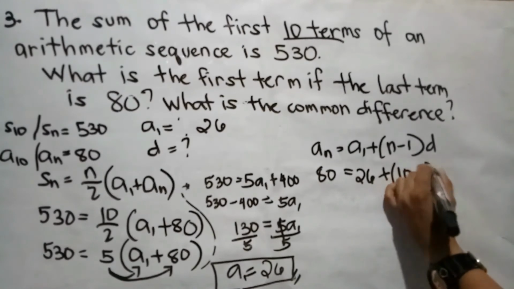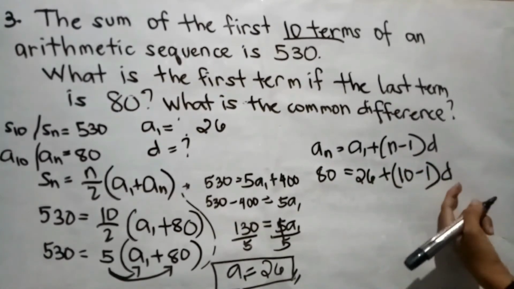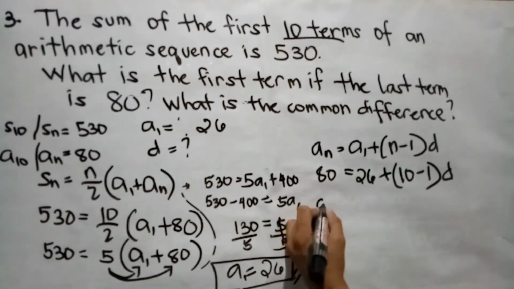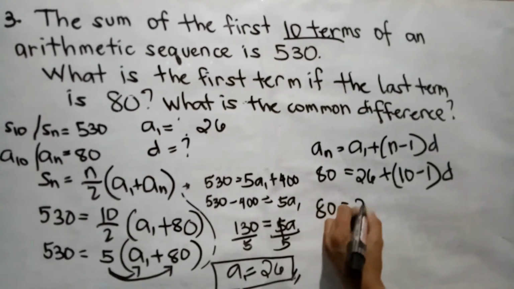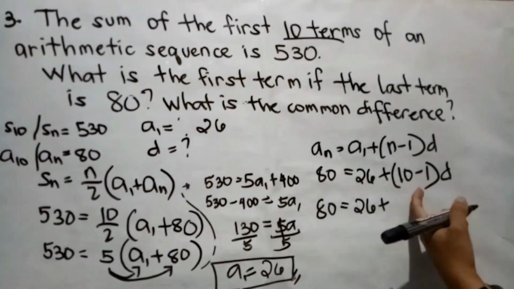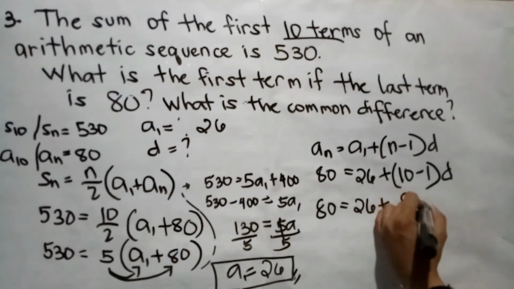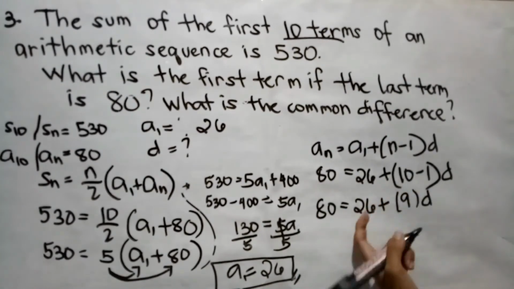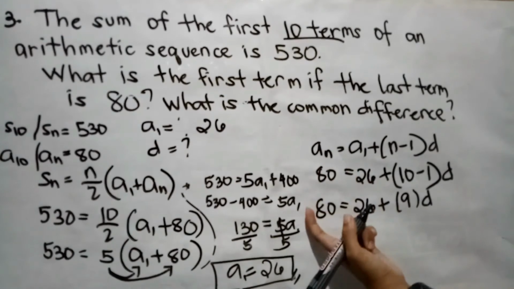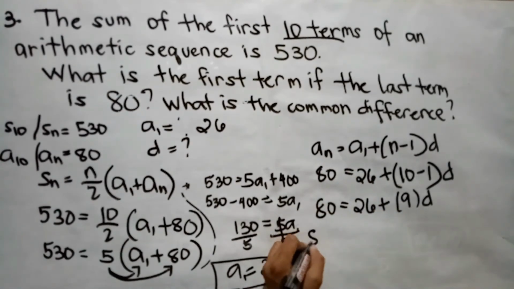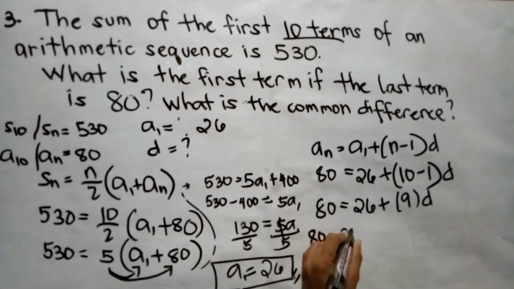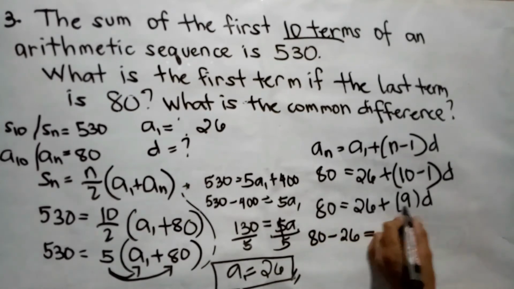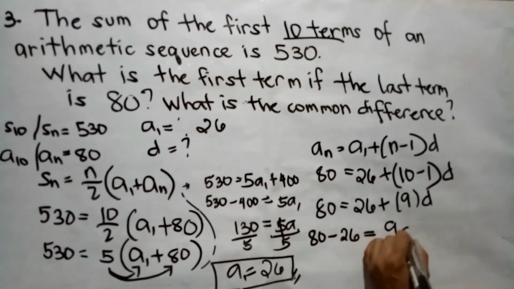10 minus 1. Then the common difference is unknown. Then 80 is equal to 26 plus 10 minus 1, and that is 9 multiplied by d. Then transpose 26. So positive, it will become negative. So 80 minus 26 is equal to 9 times d, and that is 9d.